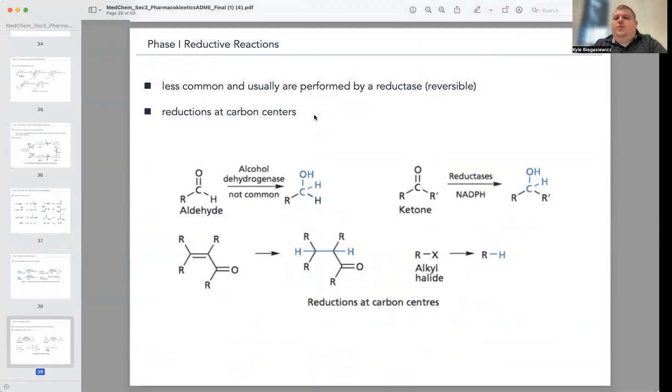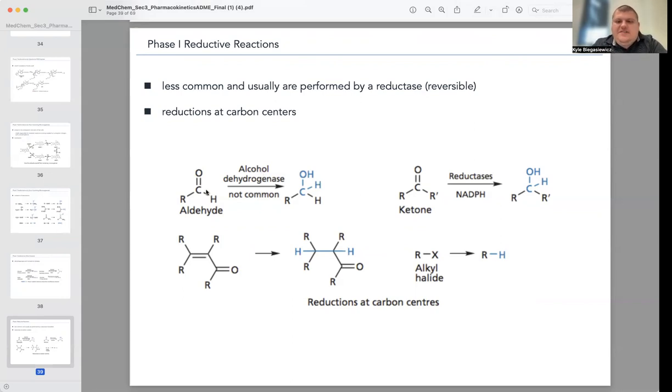Reductive reactions in phase 1, keep in mind, these can happen via the alcohol dehydrogenases or ketoreductase in this case.